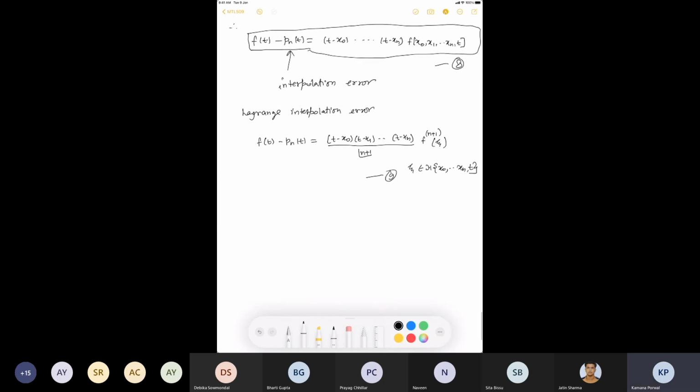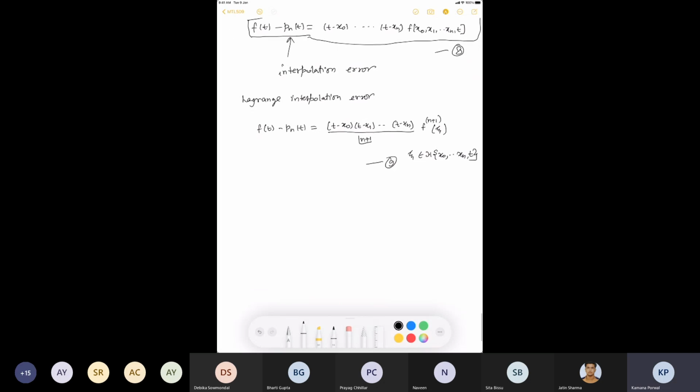So note that both are the same formulas, because p_n is the same in both cases.